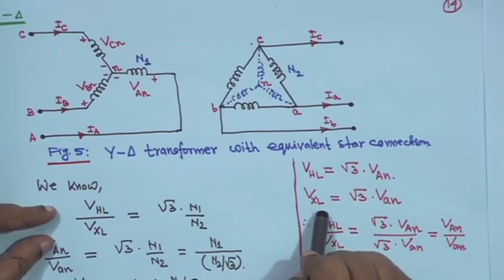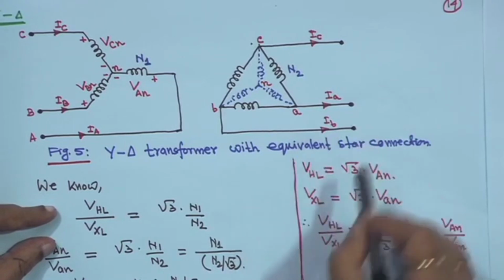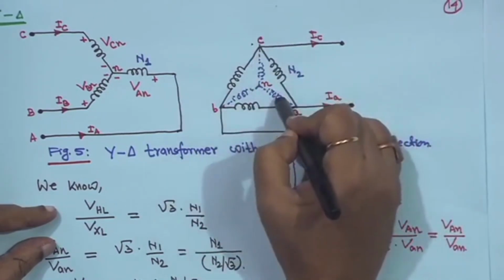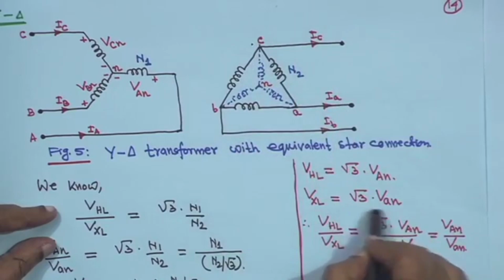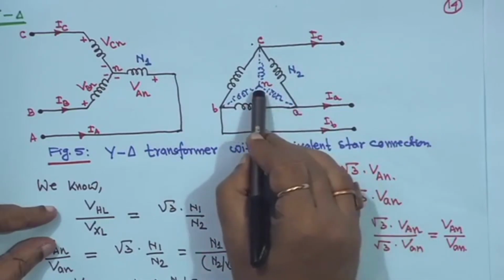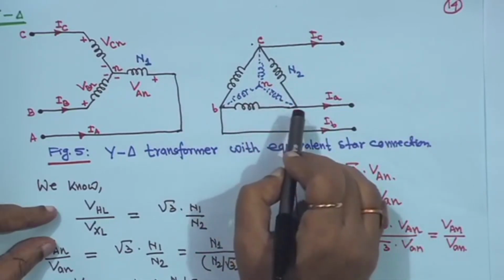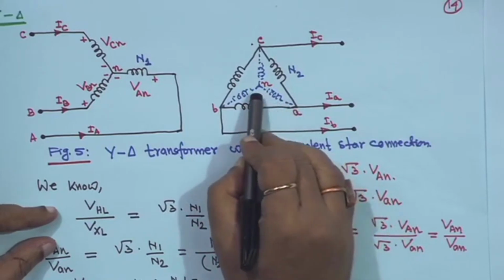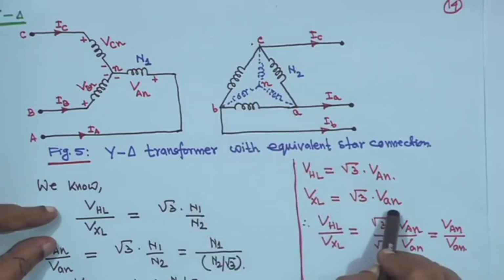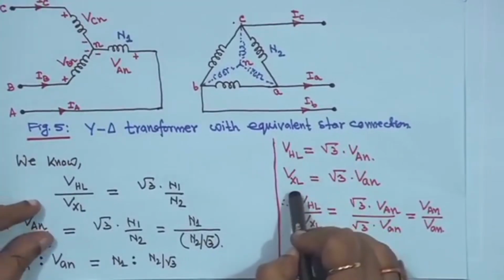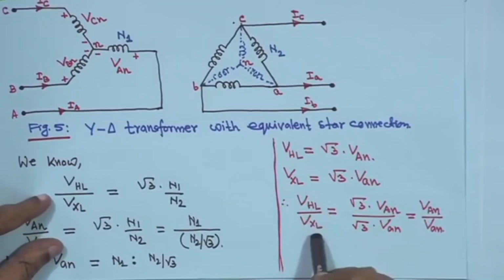So the low voltage side line voltage, that means VAB, VBC or VCA, is equal to root 3 times van, the equivalent star line to neutral phase voltage, right.